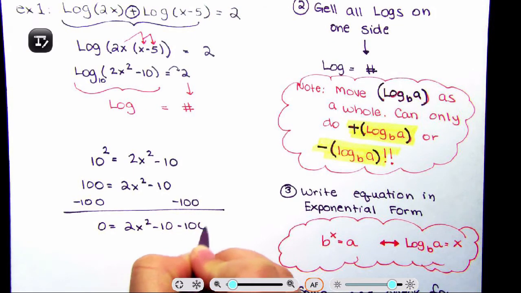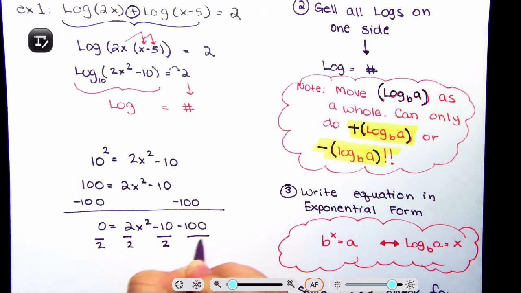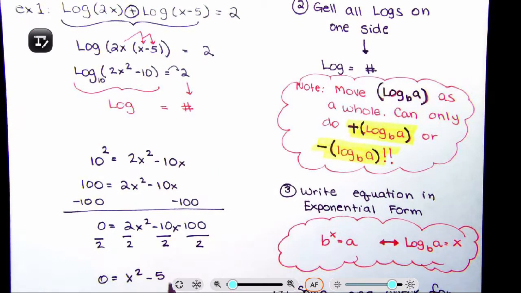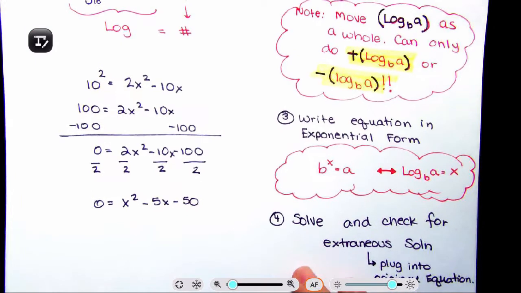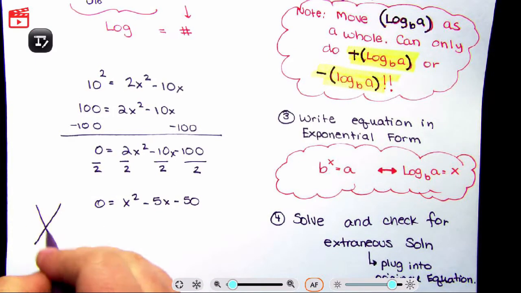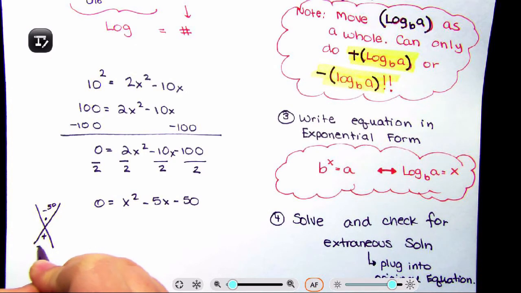Here I am noticing that I can divide everything by 2 since we are solving an equation. So I have x squared minus 5x minus 50. Because my leading coefficient here is 1, we don't have to do any slip and slide. All we have to do is the guess and check method. 2 numbers that multiply to a negative 50, and when I add them together, give me a negative 5.